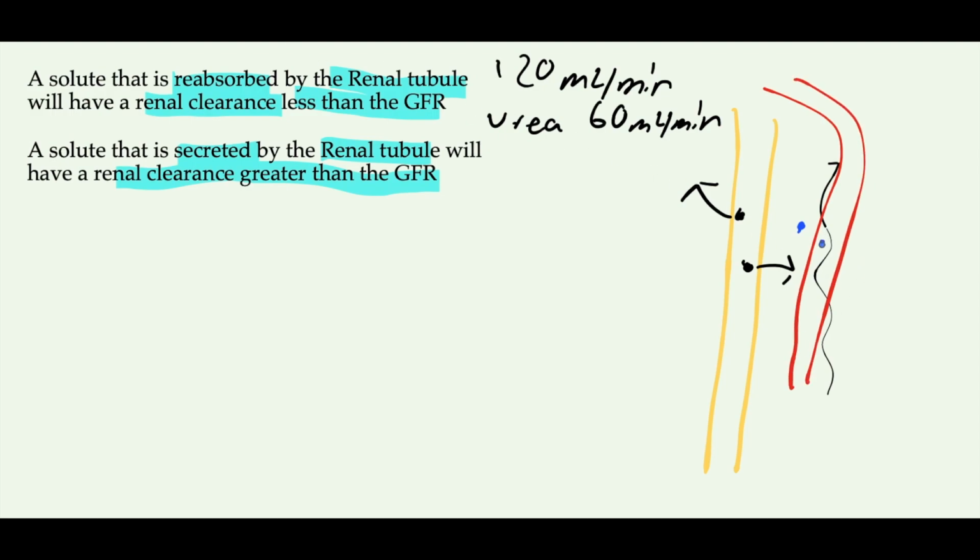Creatinine will be secreted from the peritubular capillary into the renal tubule, and that creates a renal clearance greater than the glomerular filtration rate because it is moving into the renal tubule, making it more concentrated. That's why creatinine has about a 140 milliliter per minute renal clearance, which is larger than the normal glomerular filtration rate of 120 milliliters per minute.